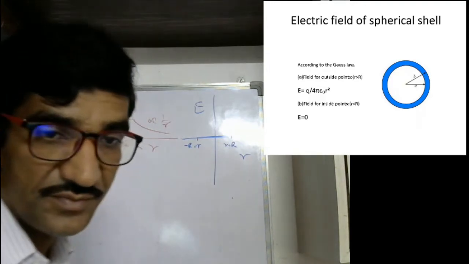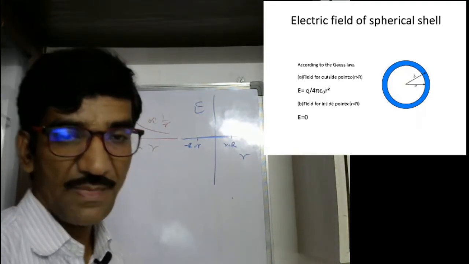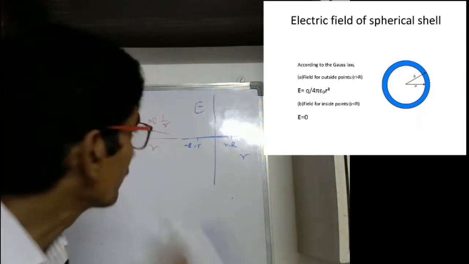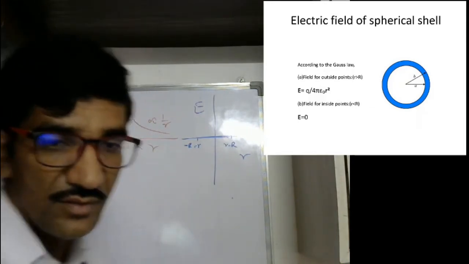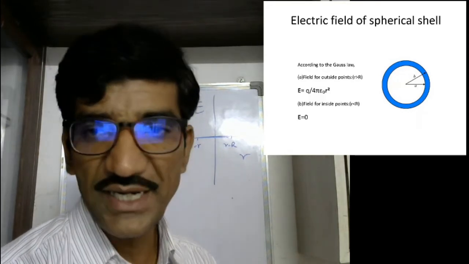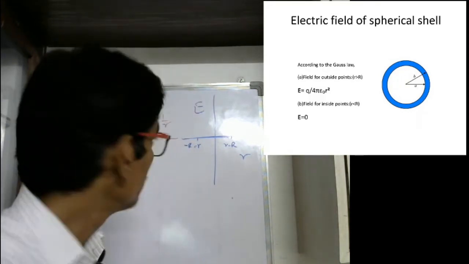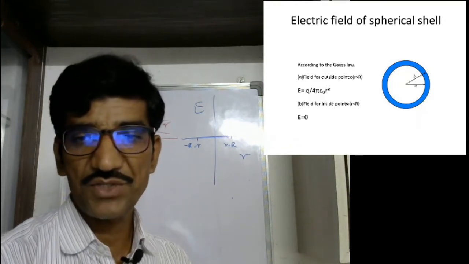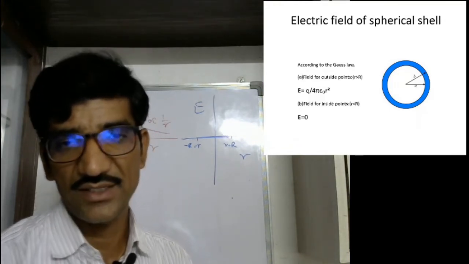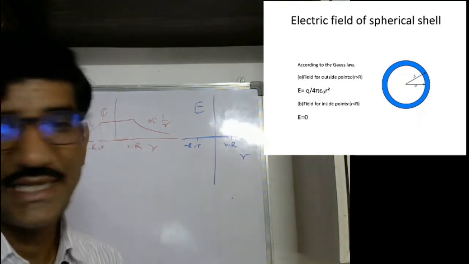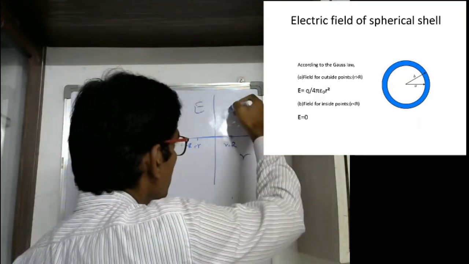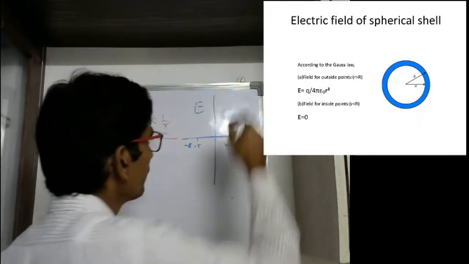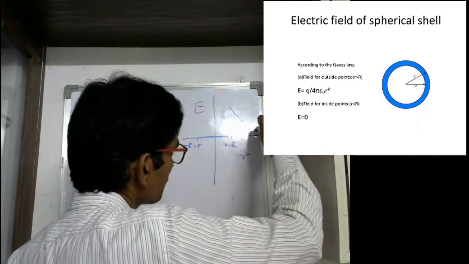Zero field. Okay? Zero. How much field do you have outside of this spherical shell? See, E is equal to Q by 4 pi epsilon naught R square, so it varies as 1 by R square.